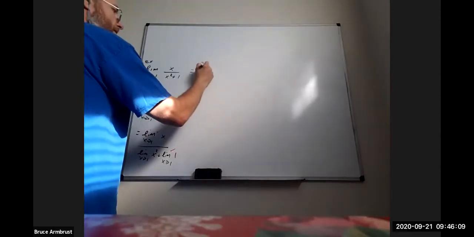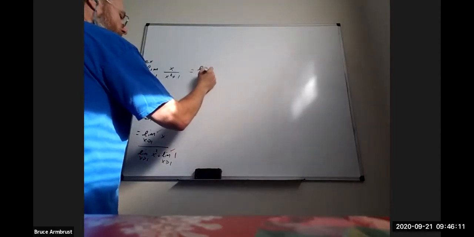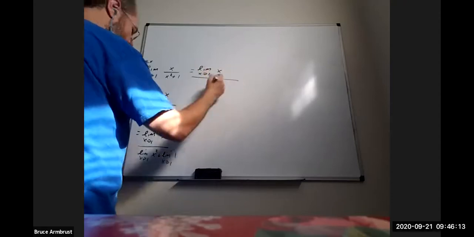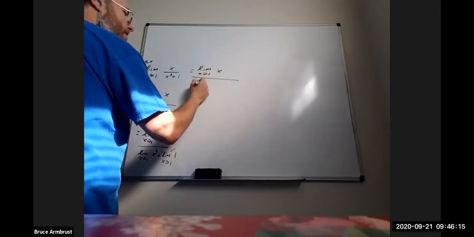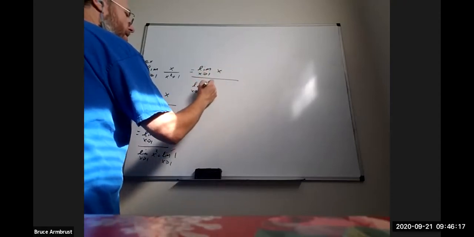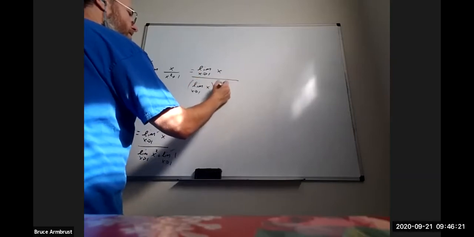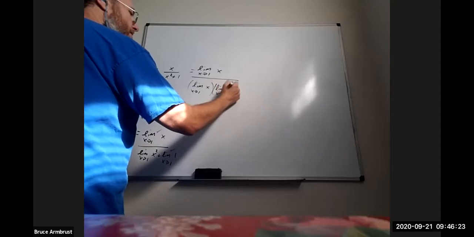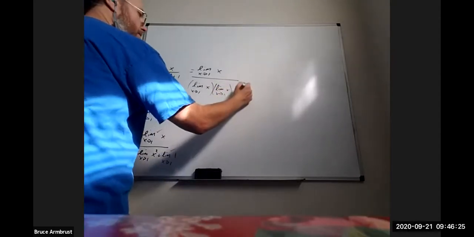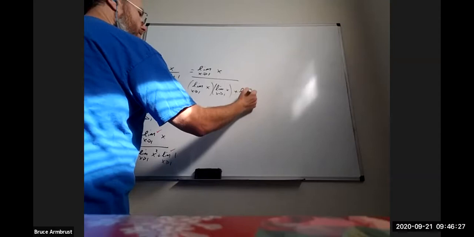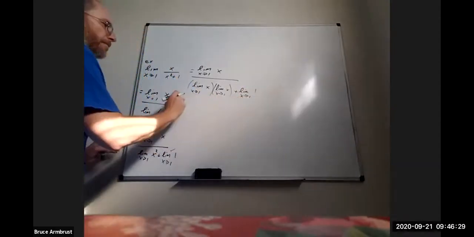So we're now going to have the limit as x goes to 1 of x divided by the limit as x goes to 1 of x times the limit as x goes to 1 of x plus the limit as x goes to 1 of 1.